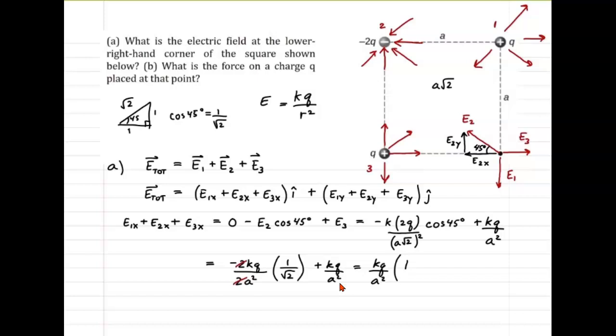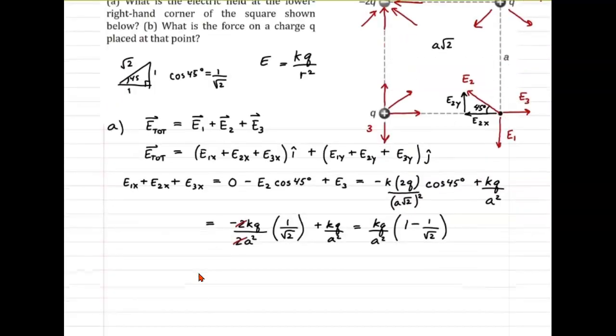I'm just going to make it neater, so minus 1 over root 2. I switched places there just to make it look nicer. Okay, so that's the total x component due to the 3 charges. Now we want to work on the total y component, and it's going to be very similar.